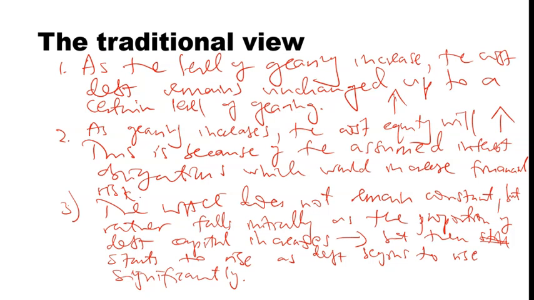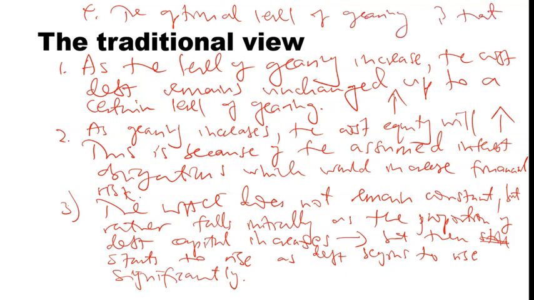Okay, so what then is the optimal level of gearing? Number 4, the optimal level of gearing is that point where the WACC is at its lowest.